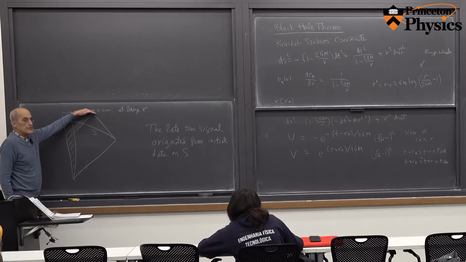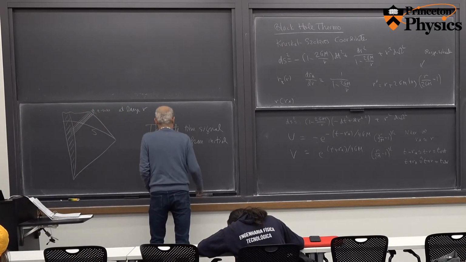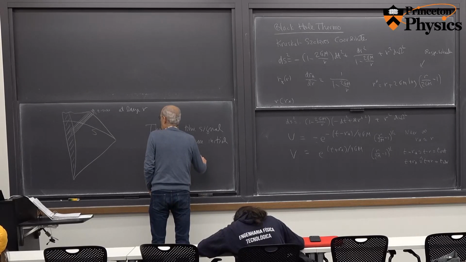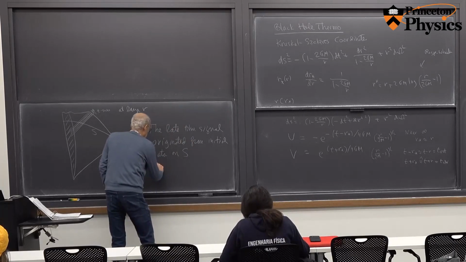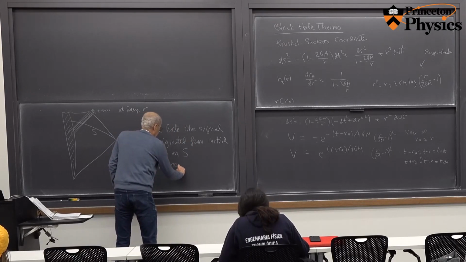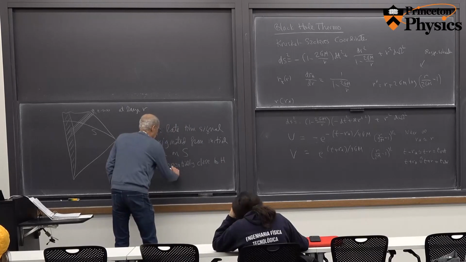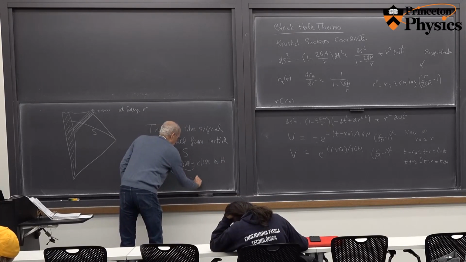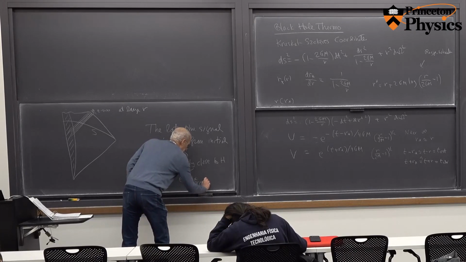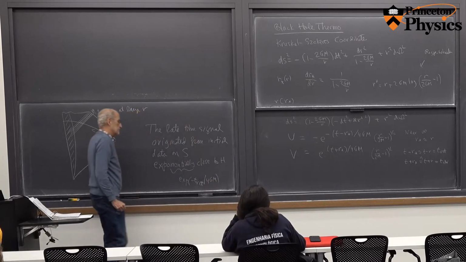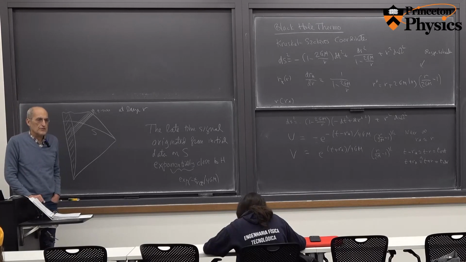Anything you observe up here originated from something on the surface S. But not just from the initial data on S, the key point is that it's exponentially close to the horizon. Exponentially close means exponential in the retarded time. I remind you that the retarded time is the time that the observer infers as when the signal originated.